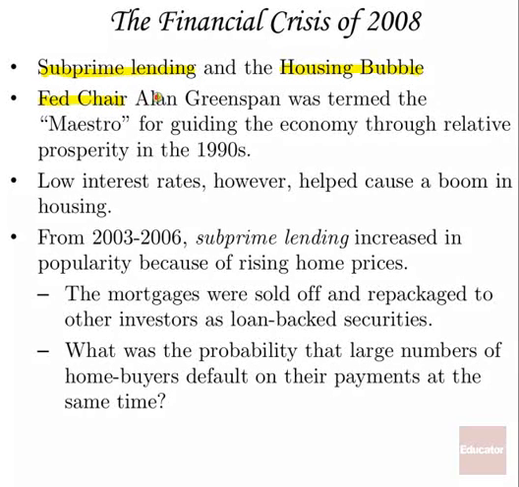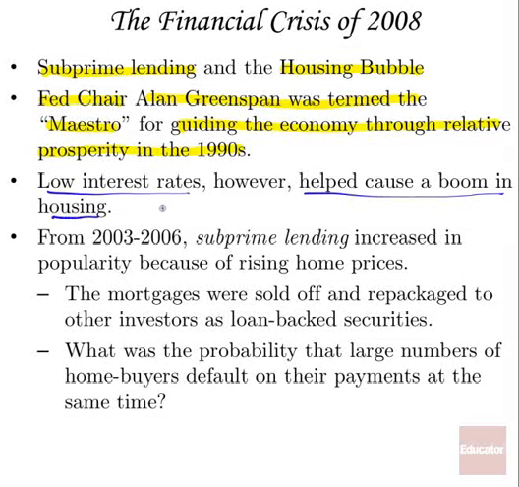Fed Chair Alan Greenspan was termed the maestro for guiding the economy through relative prosperity in the 1990s. I read the book, which really praised Alan Greenspan for leading the United States through relatively low unemployment and low inflation. But his reputation really took a hit because these low interest rates really helped cause a boom in housing, right?